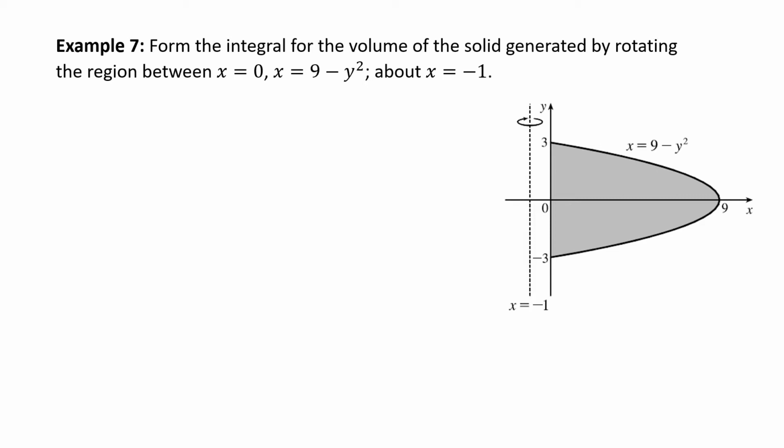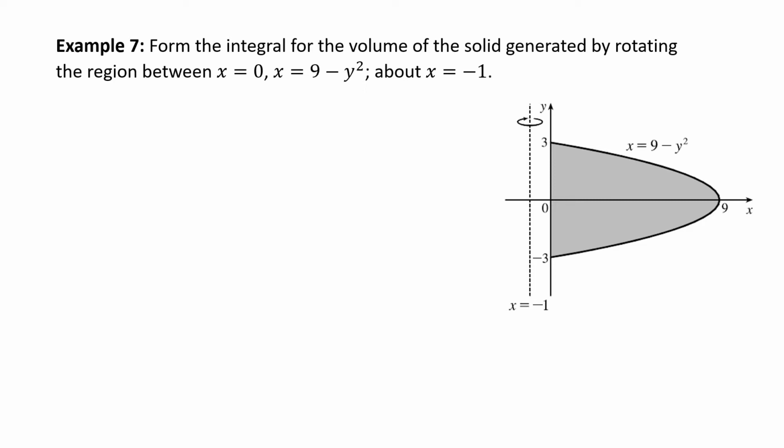The graph is a parabola that opens to the left and has vertex on the x-axis at (9, 0). We also sketch the graph of x equals 0, which is just the y-axis. Shade the region bound by the two graphs. This is the region that will be rotated about the line x equals -1.